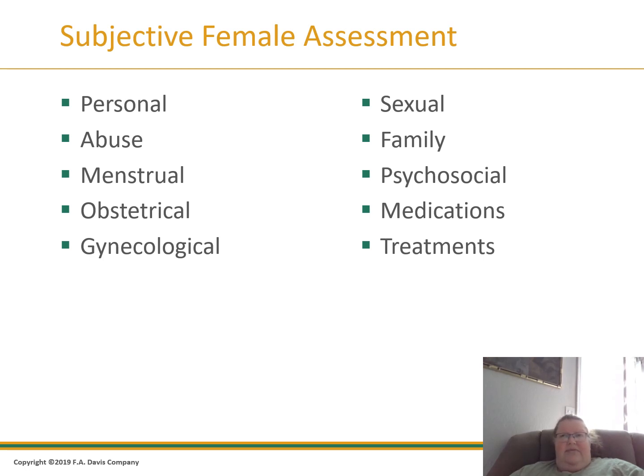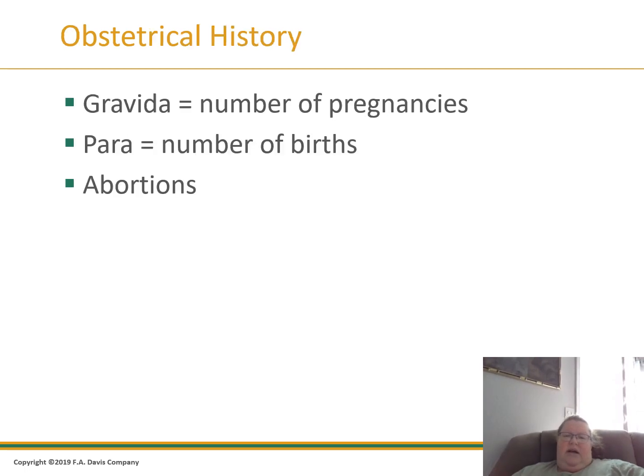So anything differing from that is not really abnormal, but it's something to mention. Your family history can correlate a lot with your own cycle. And psychosocial, medications and treatments are all things you want to ask for subjective data.